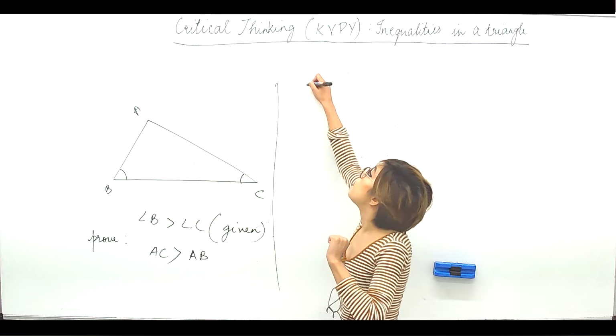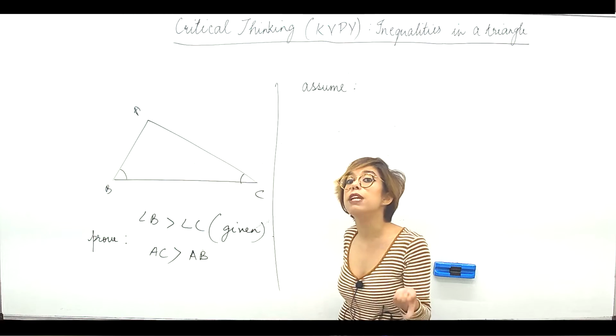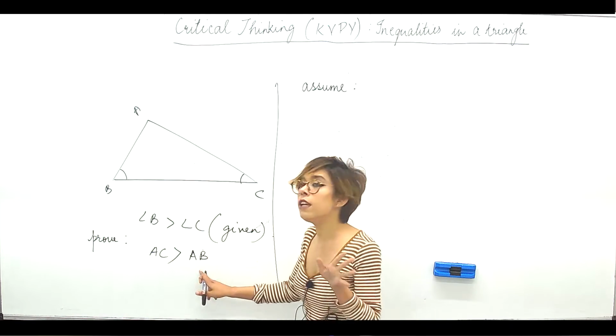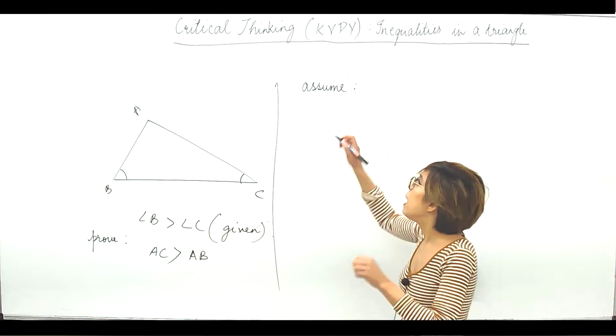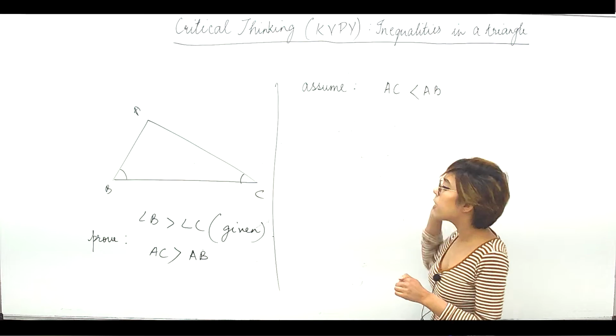That means I will assume, what will I assume? In the method of contradiction, I need to assume the contrary. Now I have to prove that AC should be greater than AB. To prove the contrary, I'll prove that AC is less than AB. Is that correct?